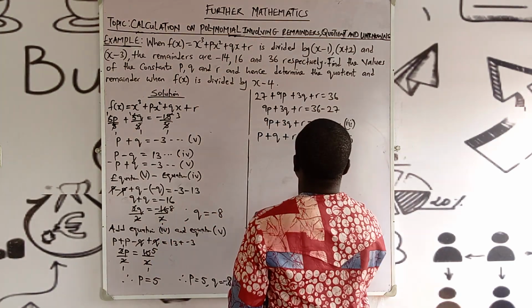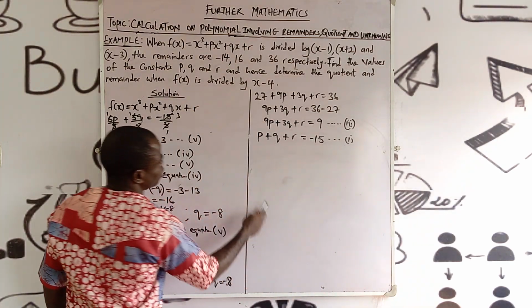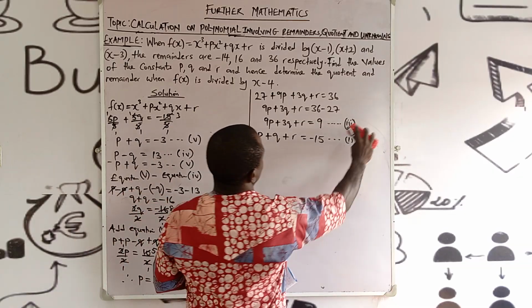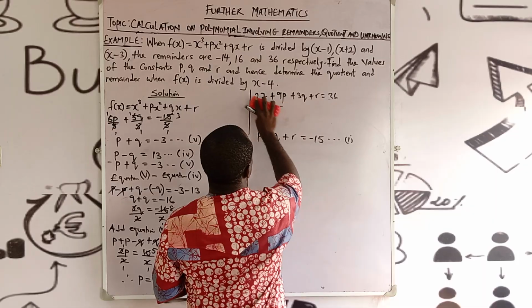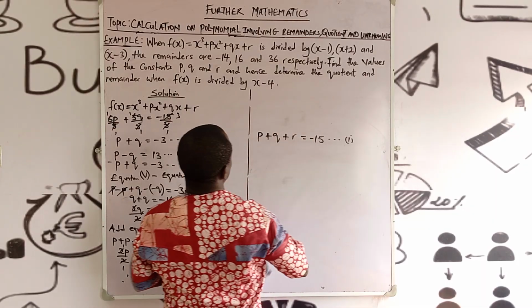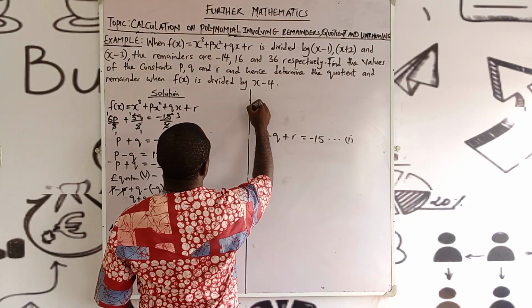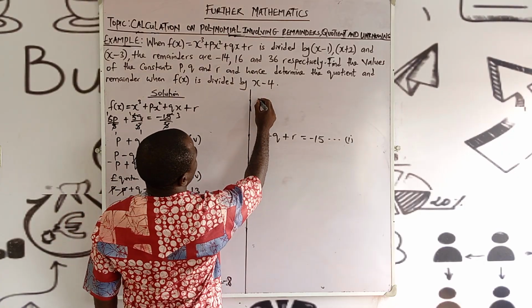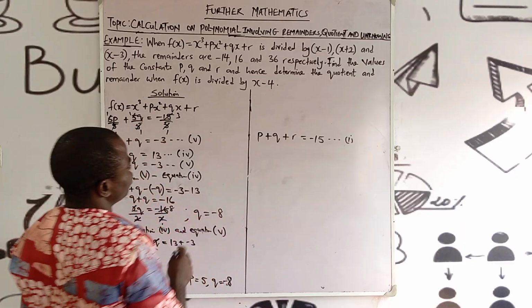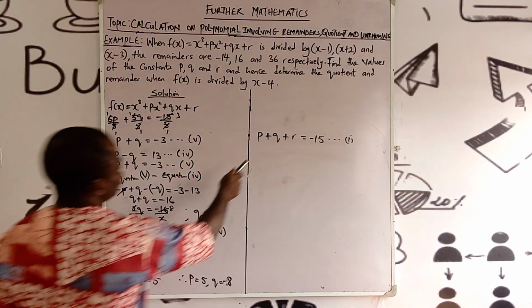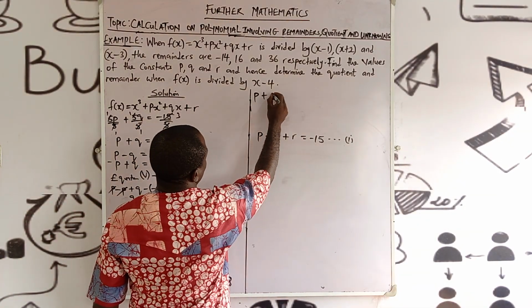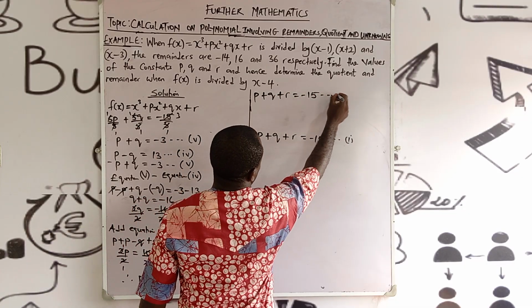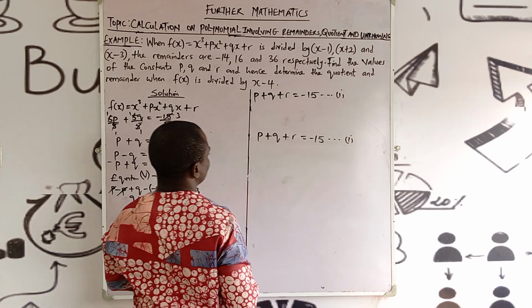Equation 1 is p plus q plus r equals minus 15.